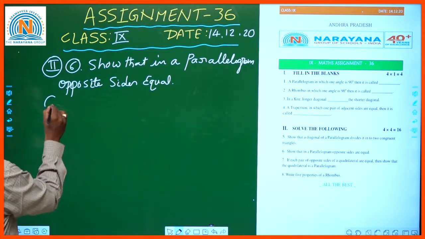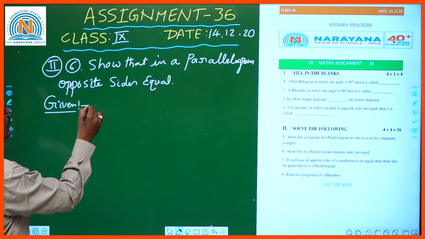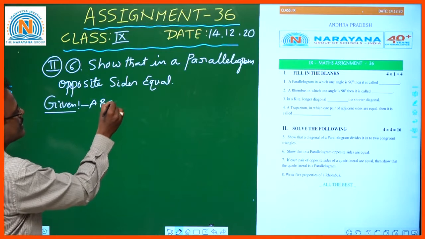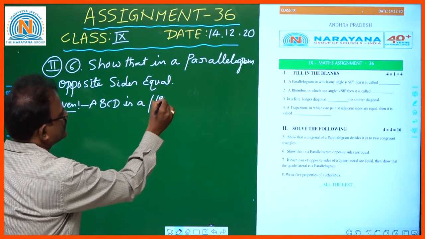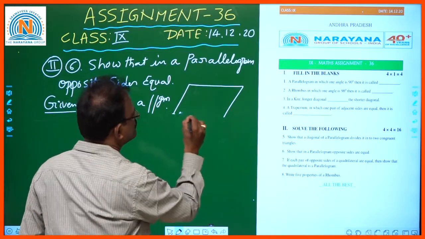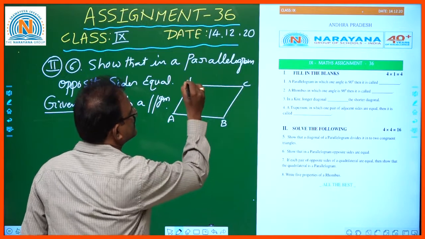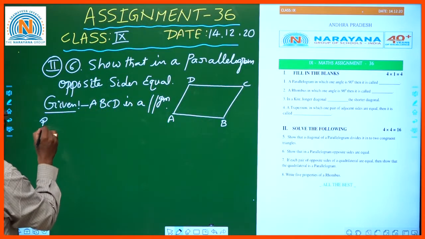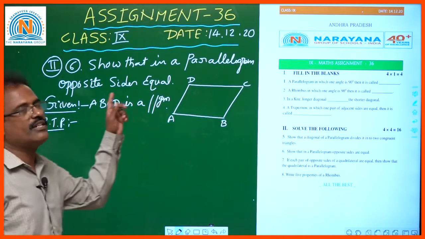So here what we need to consider, here given is ABCD is a parallelogram. This is the given information. So let us consider one parallelogram and name it as ABCD. Okay. Now what we need to prove, children?